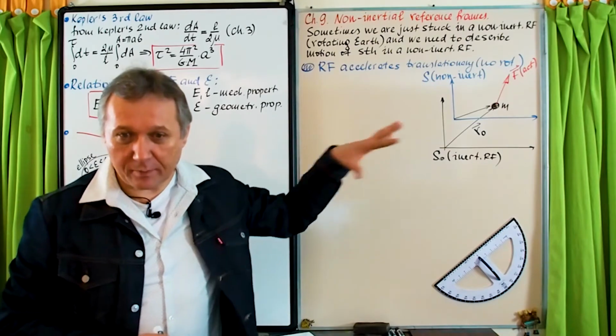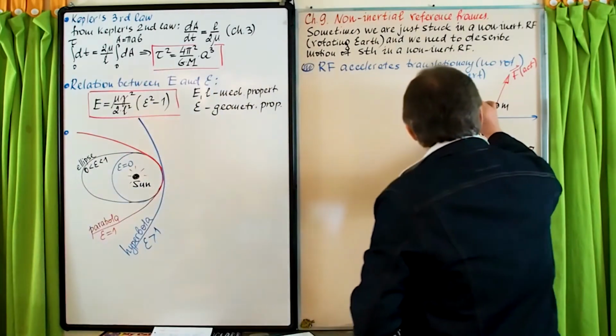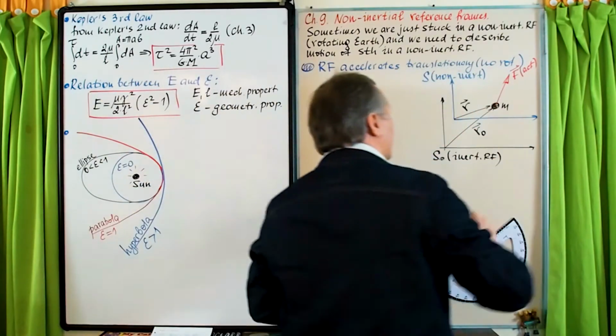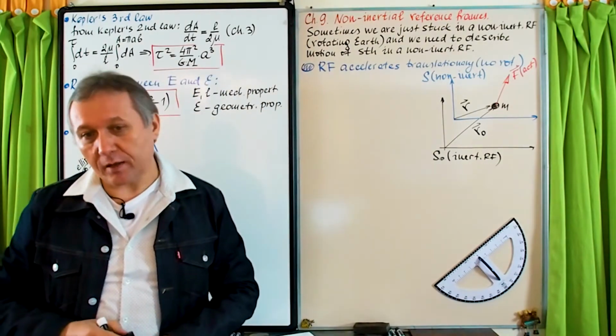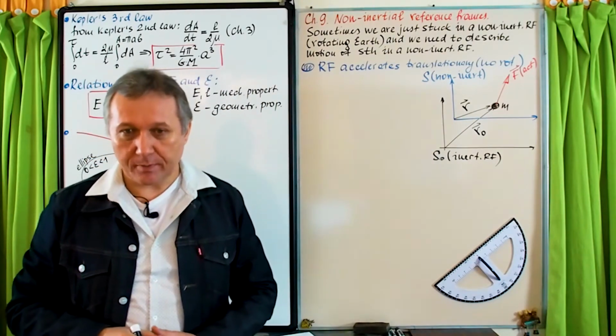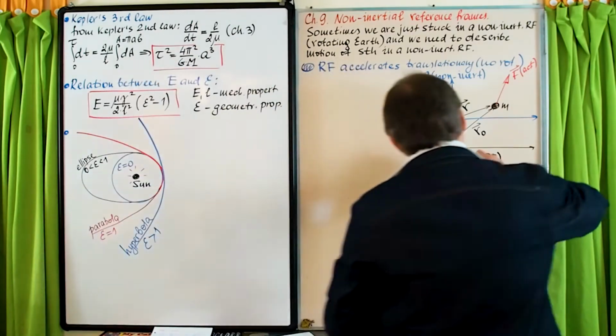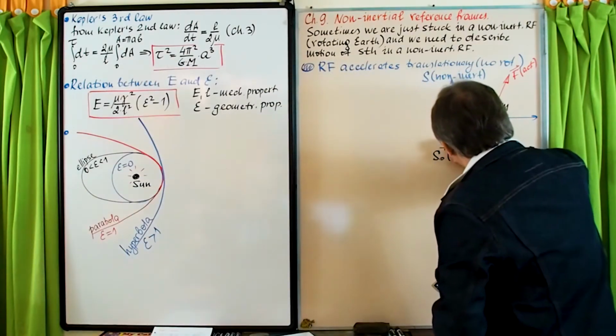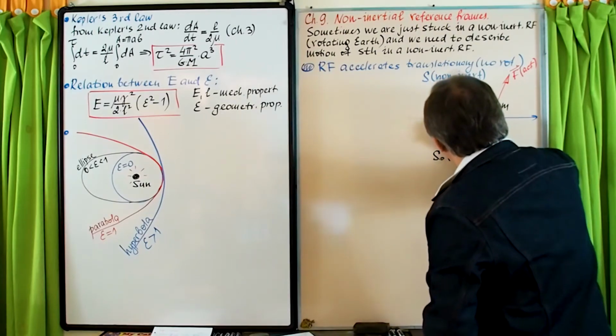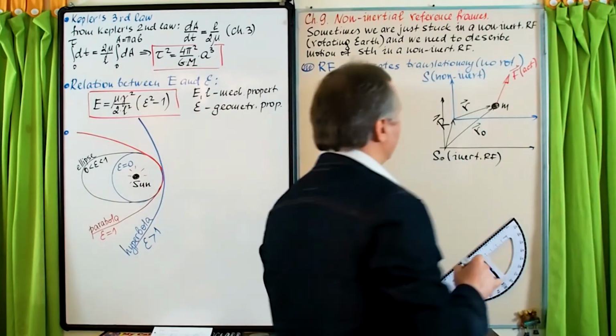But the position of M relative to a non-inertial reference frame, of course, we're going to define using R without any subscripts. And then, of course, the position of the origin of the non-inertial reference frame can be defined using the position vector R capital. Right?